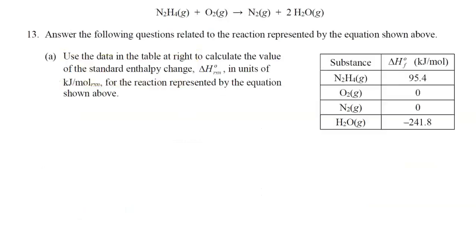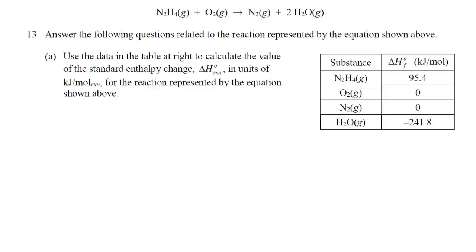Now, let's move on to question 13. In question 13, we have a different chemical reaction to analyze, but the calculations that we're going to be doing in question 13 are very similar to the calculations that we did in question 12.